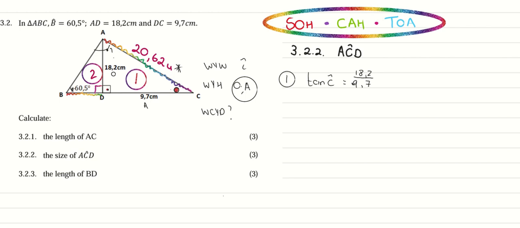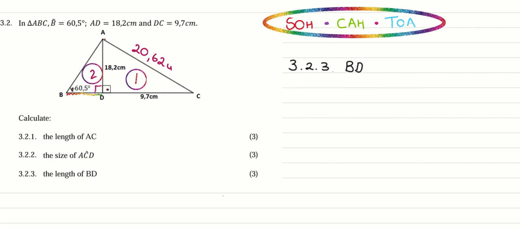At this point, we just have to solve for angle C, and so angle C would be arctan of 18.2 over the 9.7, which gives us an answer of 61.94 degrees for angle C. Right, so I would write that in as 61.94 degrees.